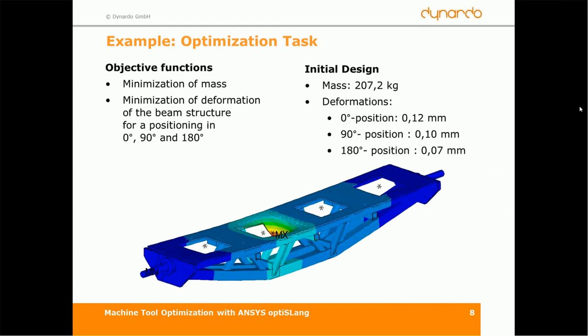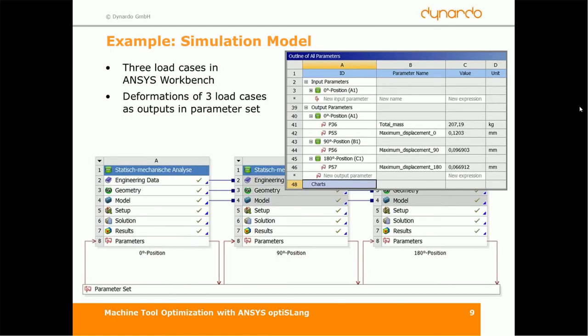It was the minimization of the mass and the minimization of deformation, by which stiffness was measured in this case. We had 3 load cases in different positions, 0 degrees, 90 degrees, and 180 degrees. We had an initial design of about 200 kilograms and a bit more than 0.1 millimeters maximum deformation in the middle.